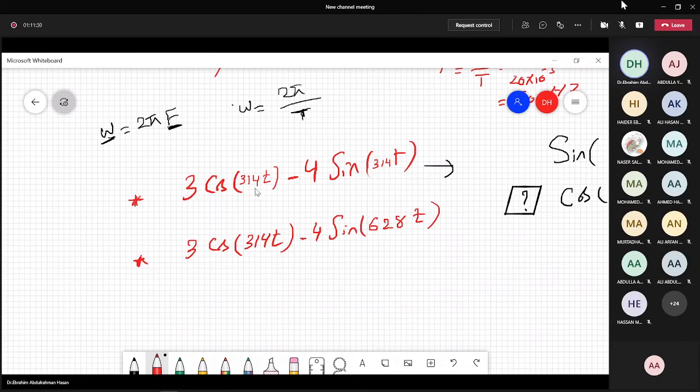Try to find the result or plot this one and this one. See what the difference is, what it gives you.